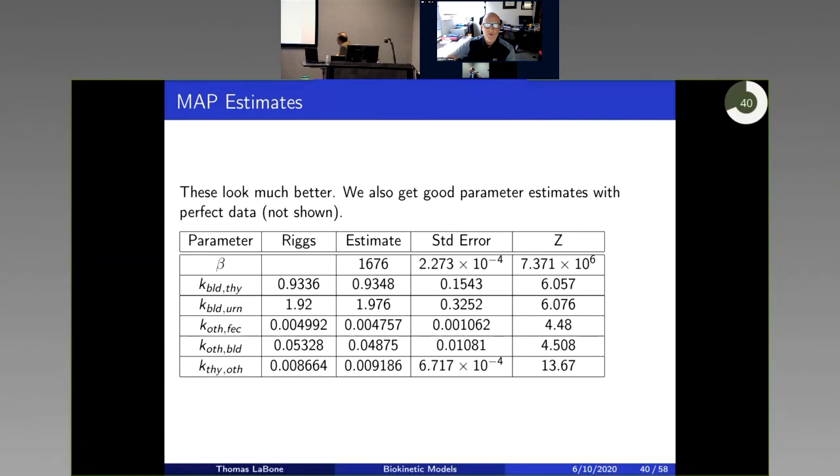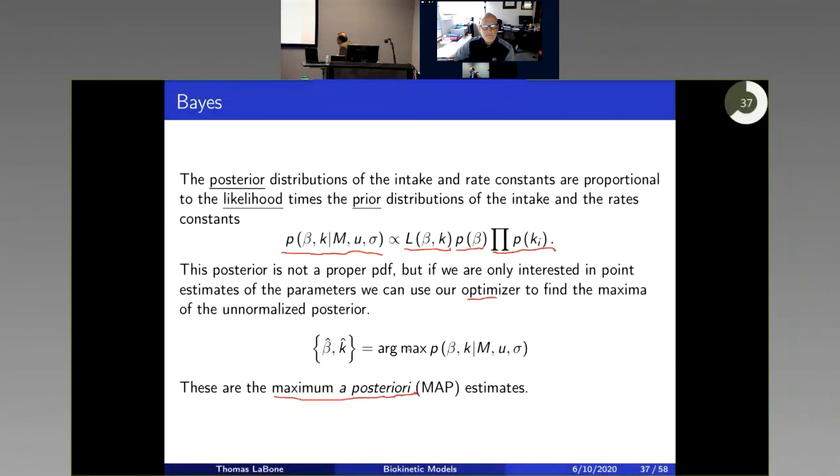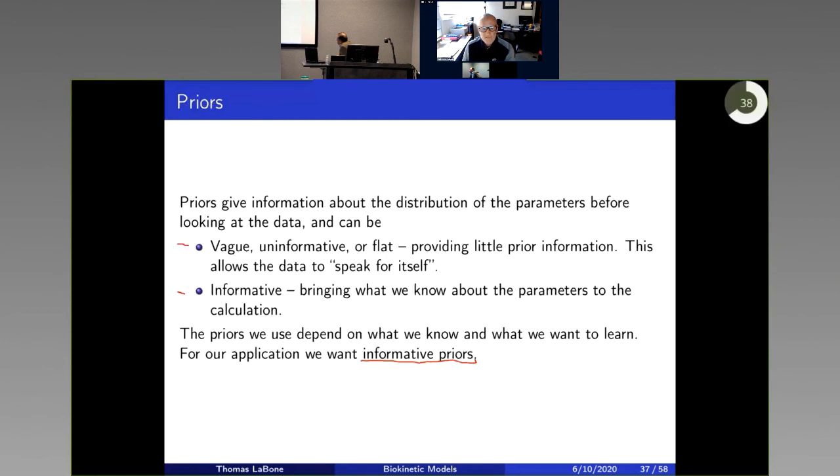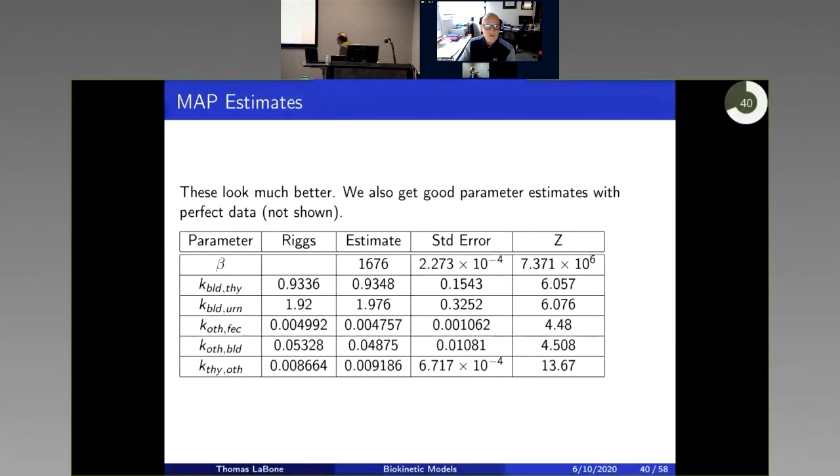So when you run the MAP estimate, we're basically finding the maxima of this function here. Again, I'm not trying to do a full Bayesian analysis. I just want to find the maxima of this posterior distribution. And I can use the same software that I used before. Again, this looks much better.